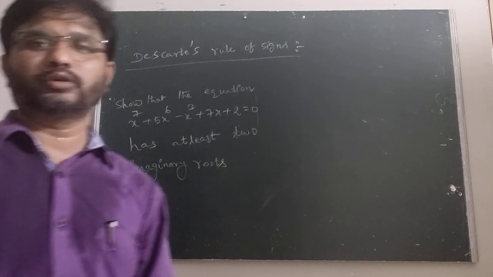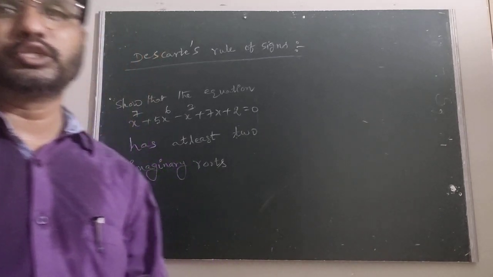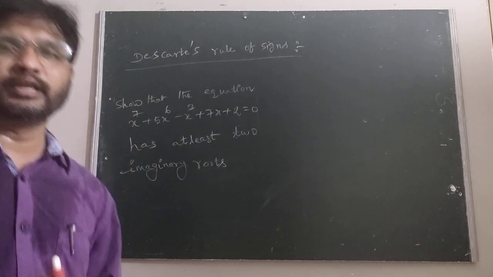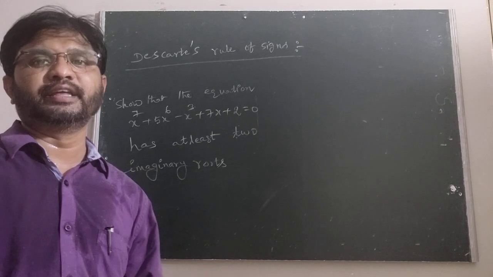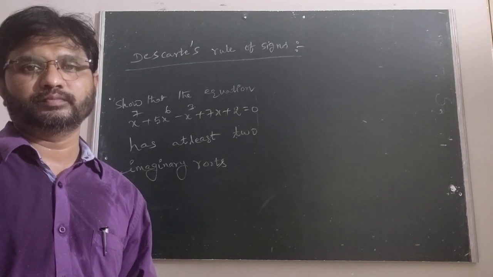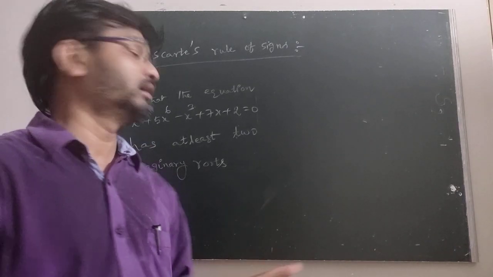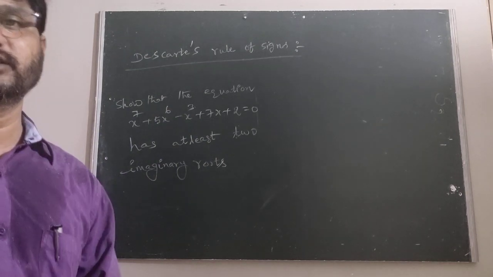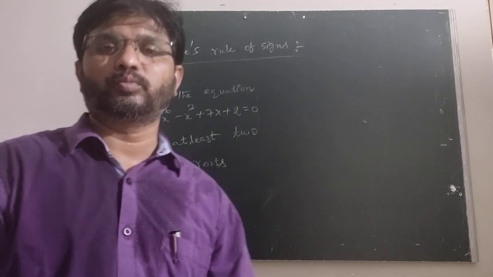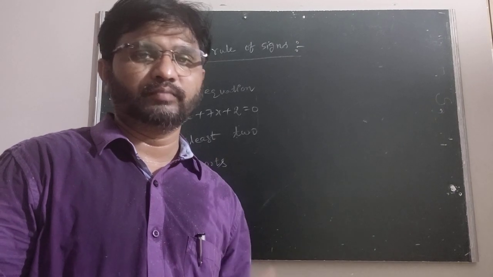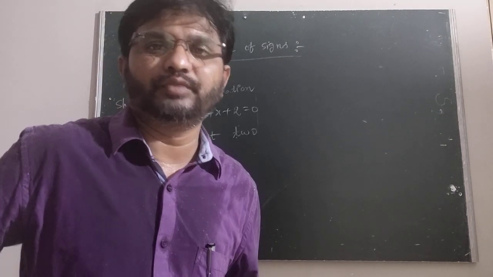This rule is generally applicable only to higher degree polynomial equations. Today we have already discussed Newton's method and Descartes' rule of signs. These are important from the mains and advanced point of view, so please concentrate on these two rules in the theory of equations.